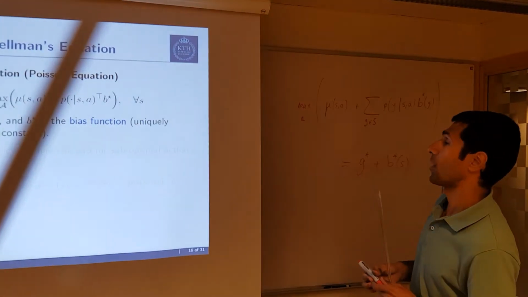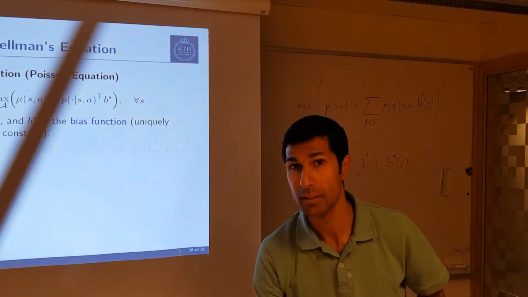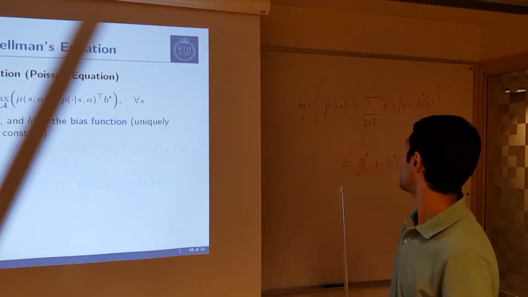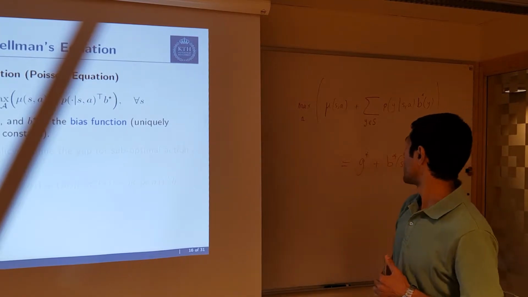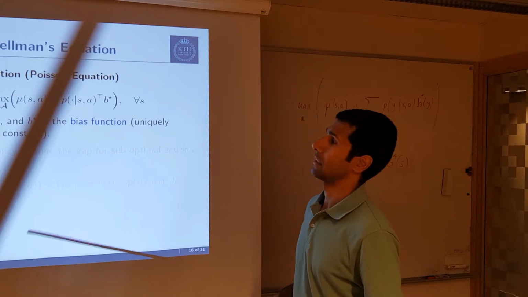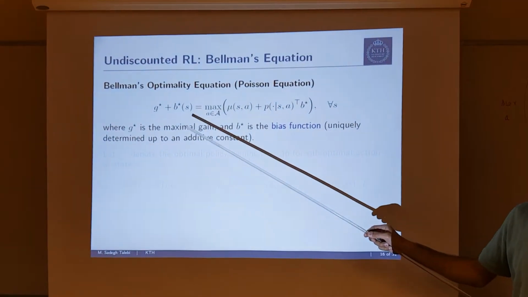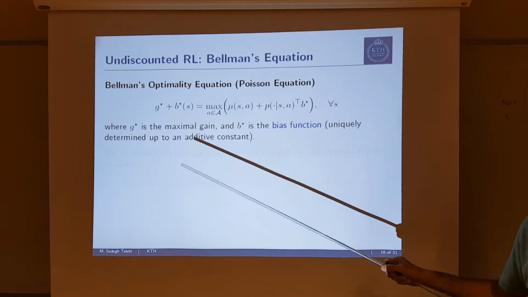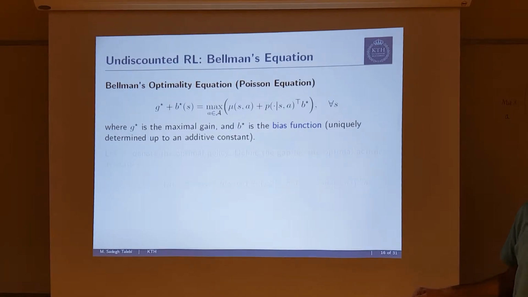Further discussing this is a bit beyond the moment, but what is important here is that you have a quantity called the bias function that plays a central role in regret bounds that we will see in the sequel.